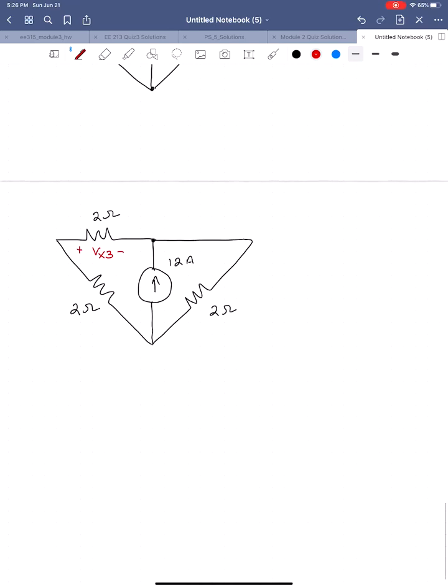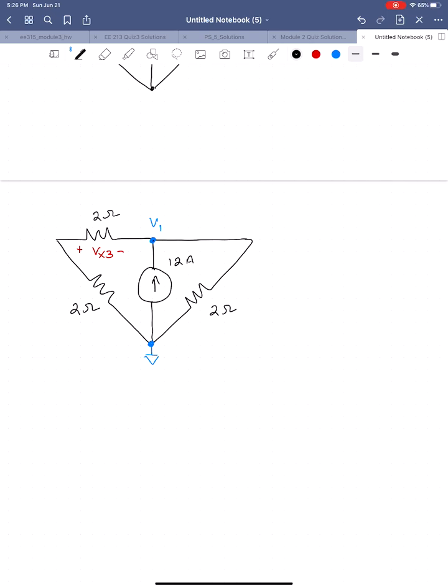I'm going to solve it using nodal analysis, because I've got a node down here and a node up here. I'm going to make the bottom node the reference node, and I'm going to call the top node V1. I don't care about Vx3 for writing the nodal equation.